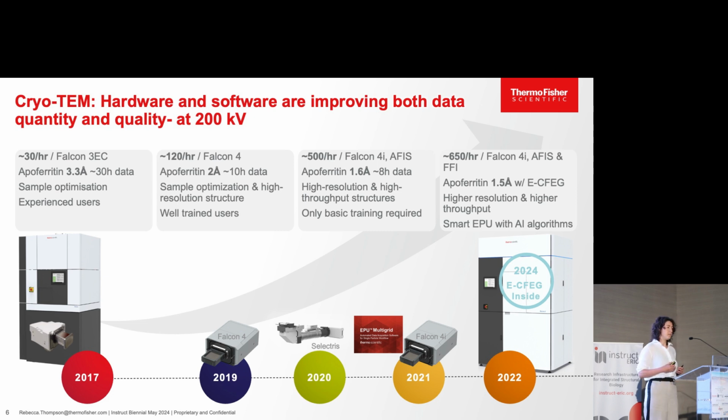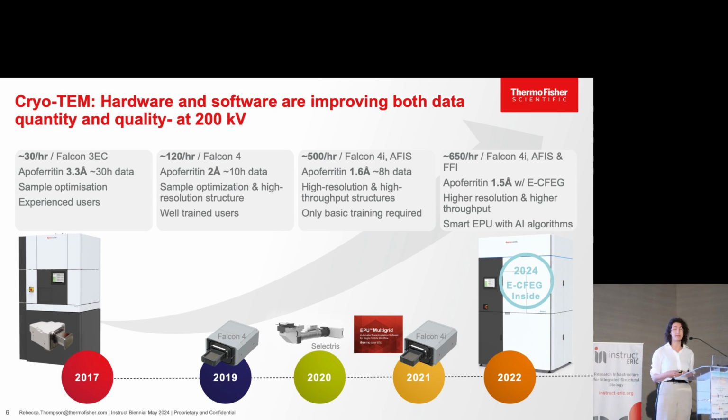So what does this mean in terms of the types of questions that can be tackled? If we take the Glacios transmission electron microscope, for example, there are more of these Glacios instruments than any other dedicated cryo TEM in the world. If we go back to 2017, and take everybody's favourite test specimen, apoferritin, it was taking about 30 hours of data to achieve a resolution of about 3.3 angstroms.